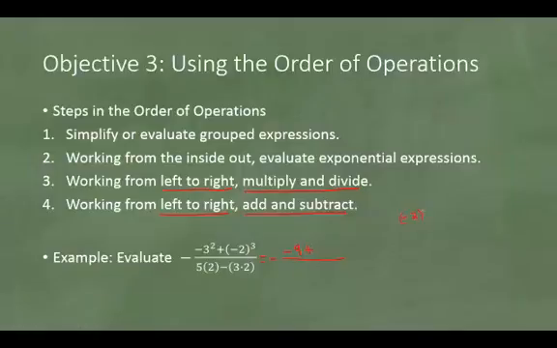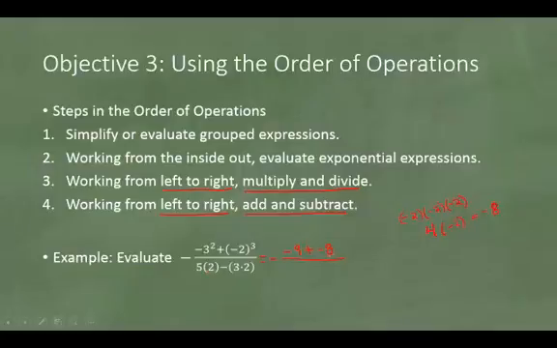Negative 2 times negative 2 is 4, because the negatives cancel, times another negative 2 will give us negative 8. So this says negative 9 plus negative 8 in the numerator.